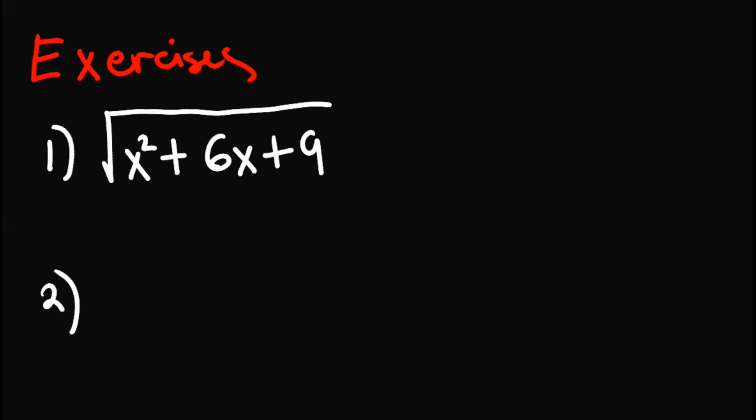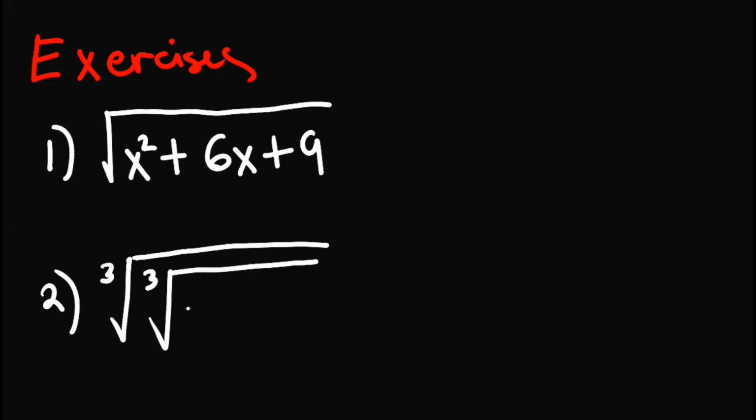And the second one here, we have the cube root of negative 512a raised to 8. So these are two helpful exercises that you can try to improve your skills in applying the laws of radicals and simplifying radicals in general.